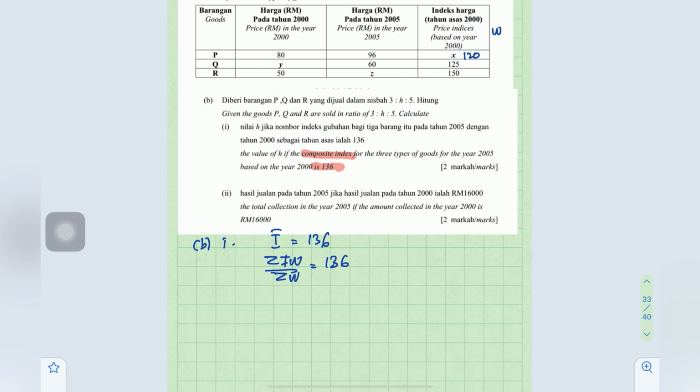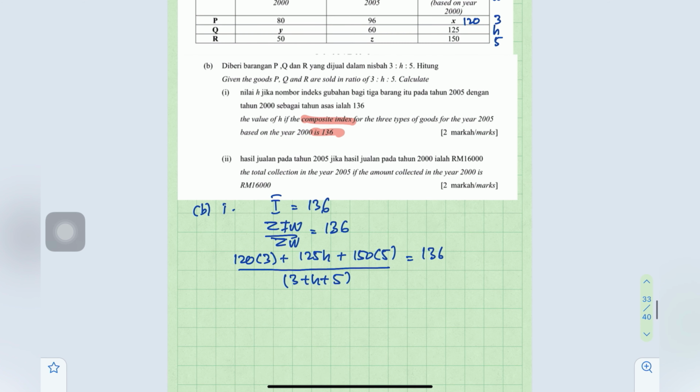So weightage dia this one is 3, H and 5. So darablah 120 times 3 plus 125H plus 150 times 5 over total weightage 3 plus H plus 5 samakan dengan 136.